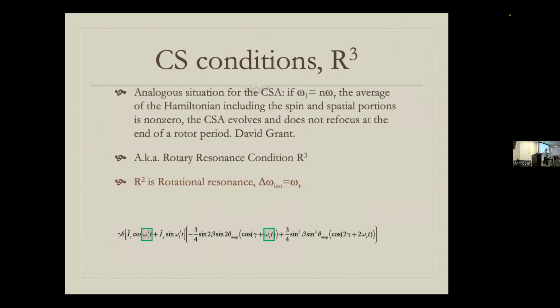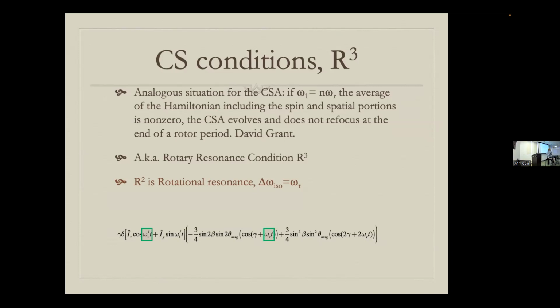We were always trying to stay off of it, in the sense of picking field strengths that were half-integer related to omega R, so not being at omega R or 2 omega R. Initially, we weren't thinking it was going to be such a problem, but a couple of things.